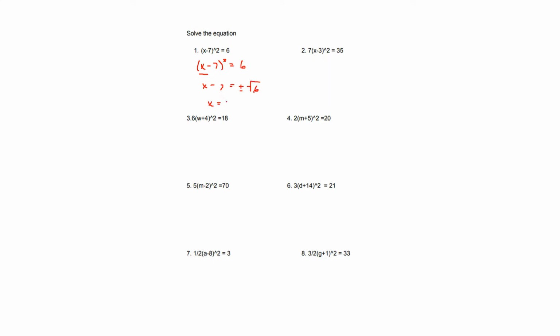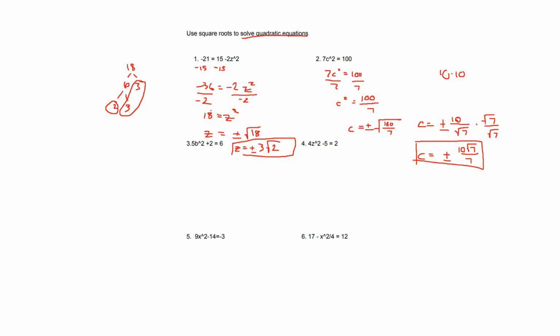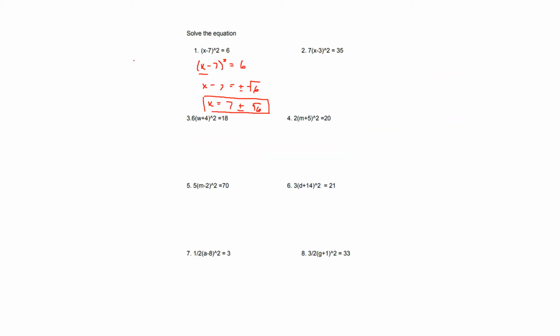So x equals 7 plus or minus square root of 6. And unlike the square root of 18, the square root of 6 is also 3 and 2. There are no pairs that you could pull out, so that's why we just leave it as square root of 6.